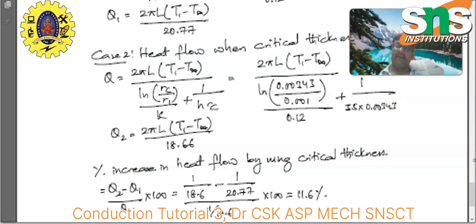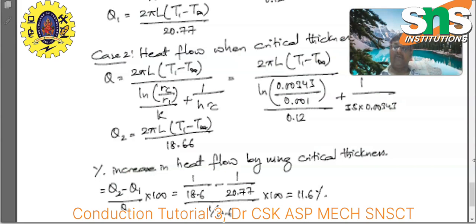So it is (1 by 18.6 minus 1 by 20.77) divided by 1 by 18.6. So 1 by 18.6 is nothing but Q2 and 1 by 20.77 is nothing but Q1.